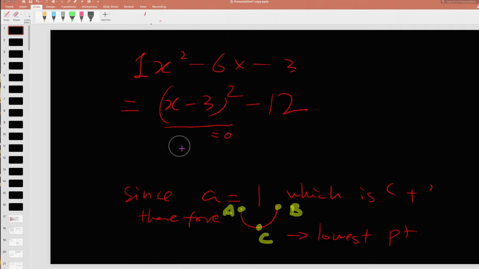When x is equal to 3, because 3 minus 3 is 0, 0 squared is 0. So when x is equal to 3, you put it in, now this whole thing is equal to minus 12. Therefore, your lowest point C is 3 and negative 12. Then you don't have to go through the mirror part. Just do this. You get the lowest point.